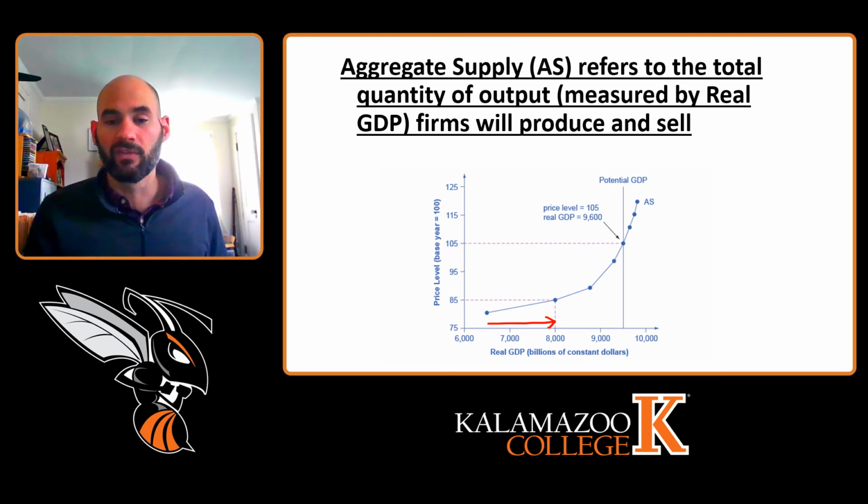As you can see here, these first 2 points are probably separated by about 5 units on the price index, and we're able to increase the size of the economy there by about $1,500 billion, so 1.5 trillion.